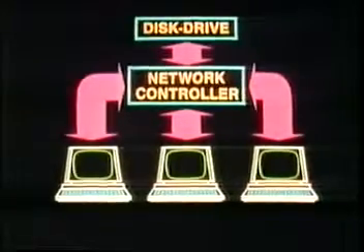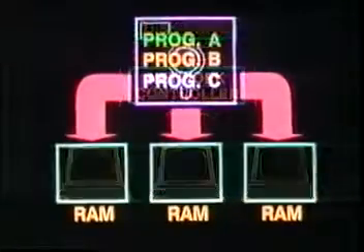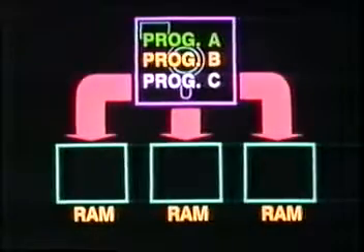It is confusing. So let's have a review of the different types of computer networks that we've experimented with so far. The simplest way to link computers together is via a network controller and a disk drive. This enables all the computers to load any of the contents of a single disk into their RAM memories.